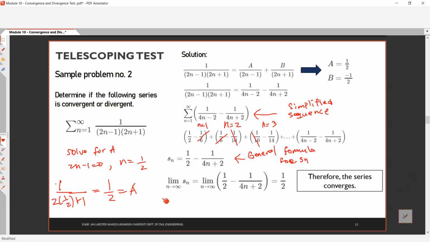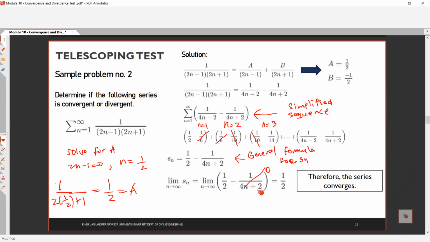Okay, so taking now the limit of the general formula of the summation of the series as n approaches infinity. So that is the limit as n approaches infinity of 1/2 minus 1 over 4n plus 2. Mapapansin natin 4 times n, 4 times infinity plus 2, that is infinity. So 1 over a very large number is approaching 0.